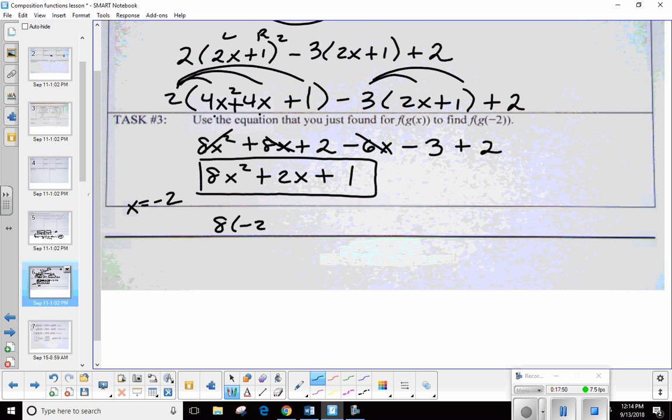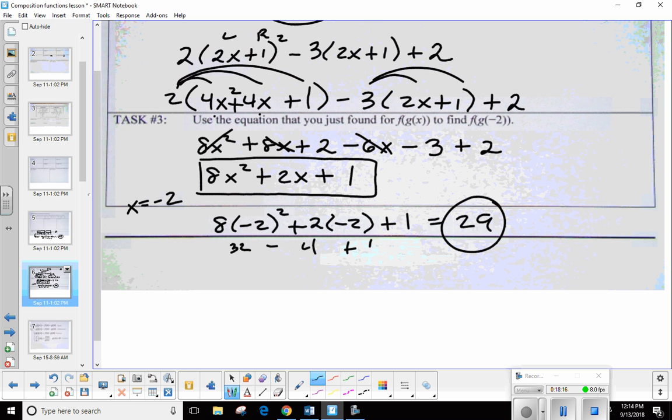So 8 times negative 2 squared plus 2 times negative 2 plus 1. Okay. So what's a negative 2 squared? 4 times 8. Okay, 32 minus 4 plus 1. What does that give me? 29.